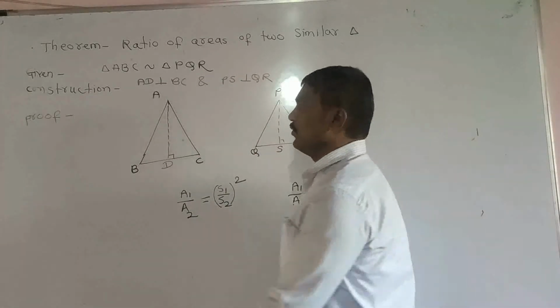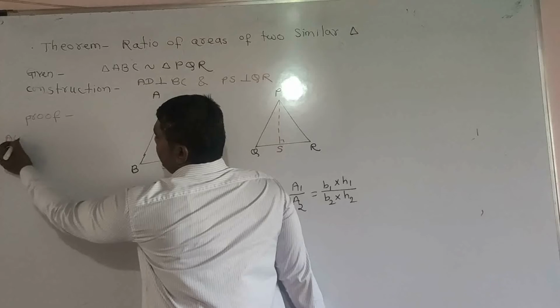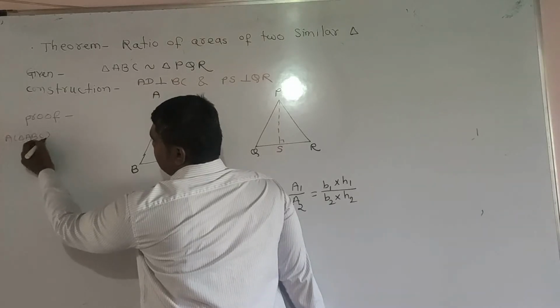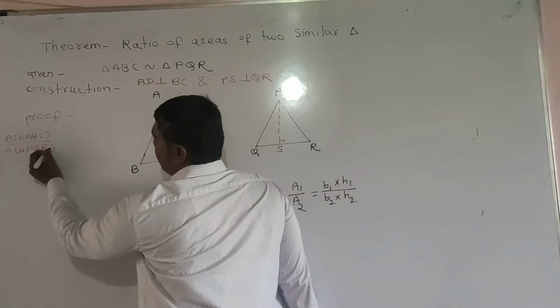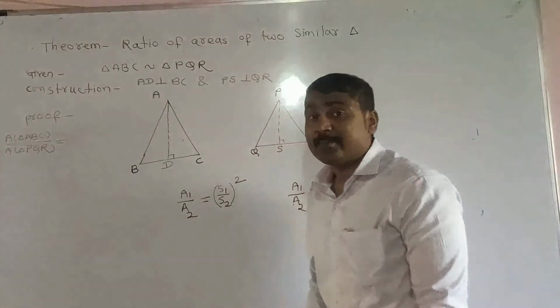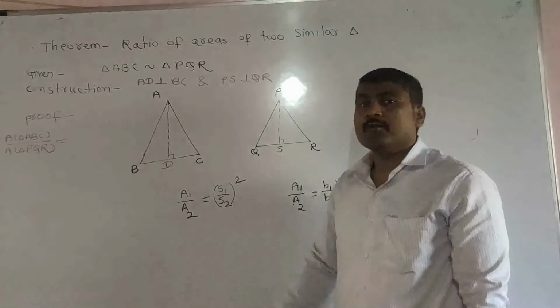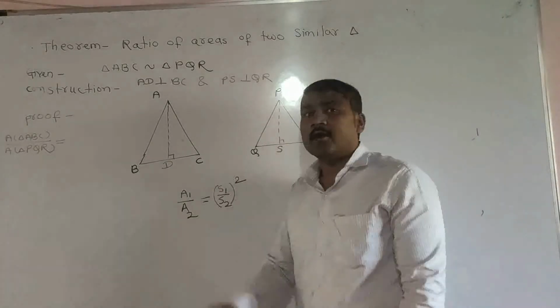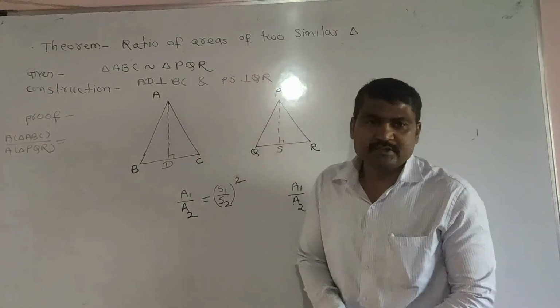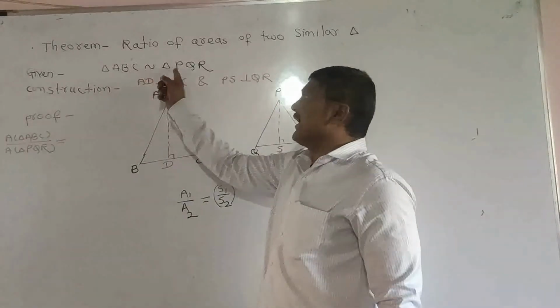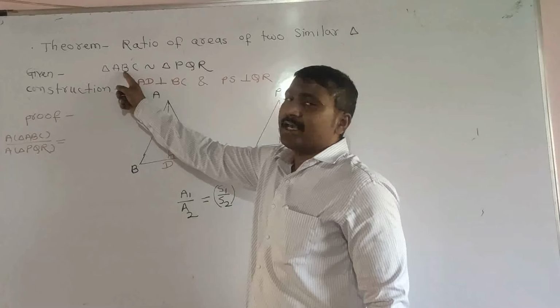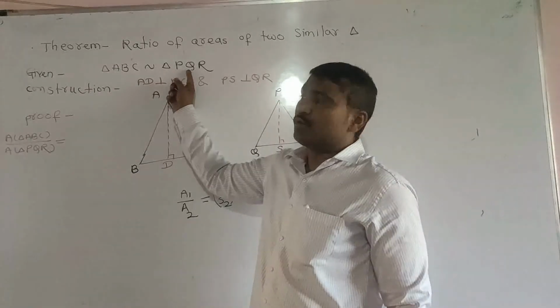Now we have to prove area of triangle ABC upon area of triangle PQR should be equal to, what is the statement of the theorem? The ratio of their areas equals the square of the ratio of their corresponding sides. So I have written ABC and PQR. So when you take side AB, then you should take side PQ.